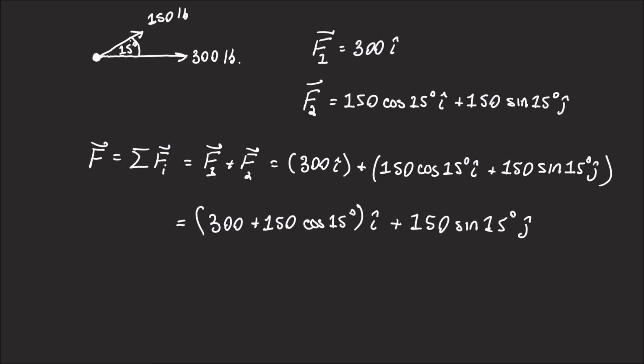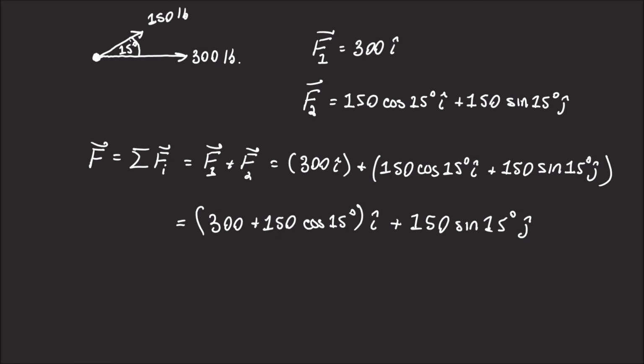So the horizontal component of this force is 300 plus 150 cosine of 15 degrees. The vertical component is 150 sine of 15 degrees.